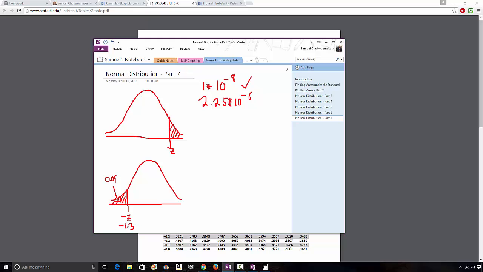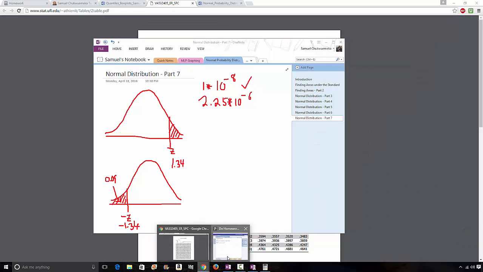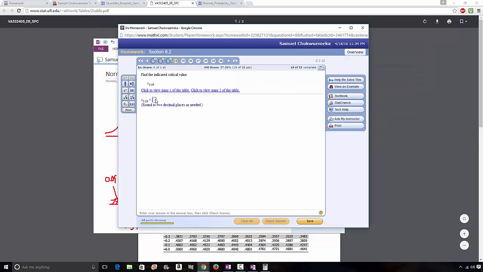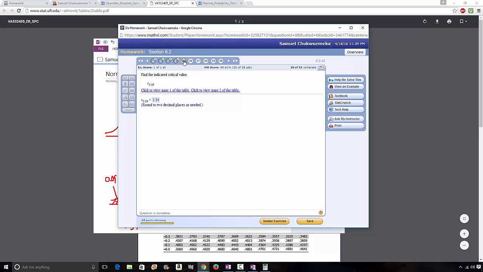So that tells you now that the z will be 1.34. That's it.